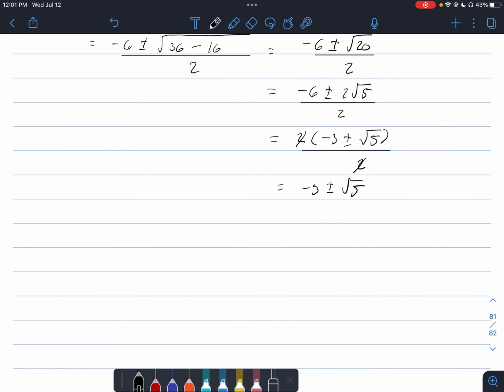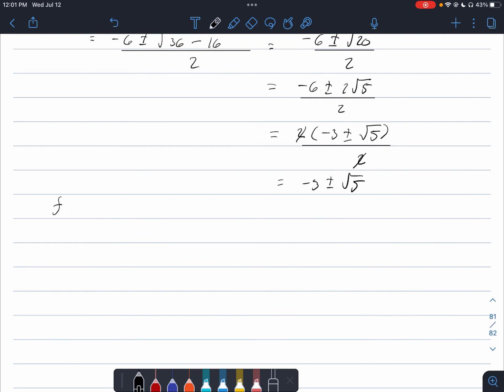So we can now write our initial function f of x as x plus 3 times x minus 3 times x minus negative 3 plus the square root of 5 times x minus negative 3 minus the square root of 5.